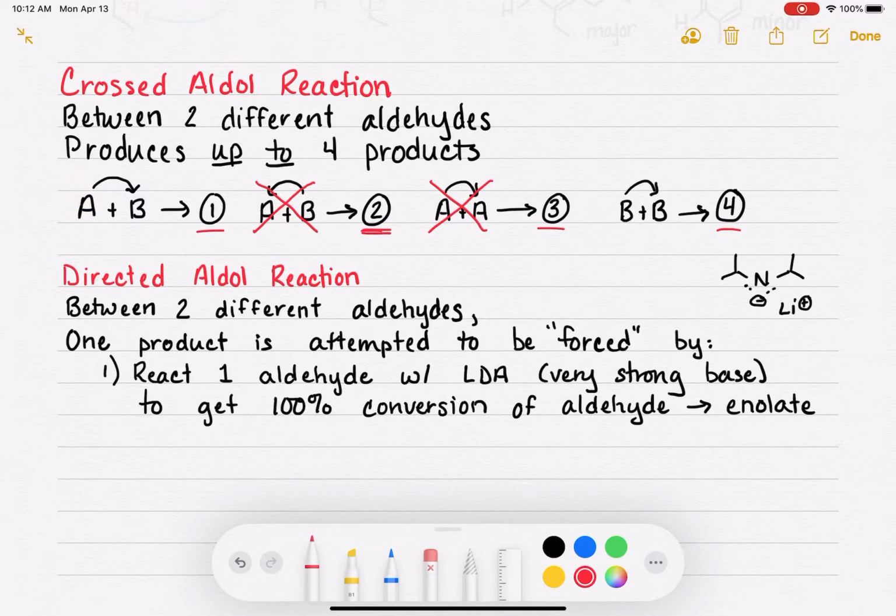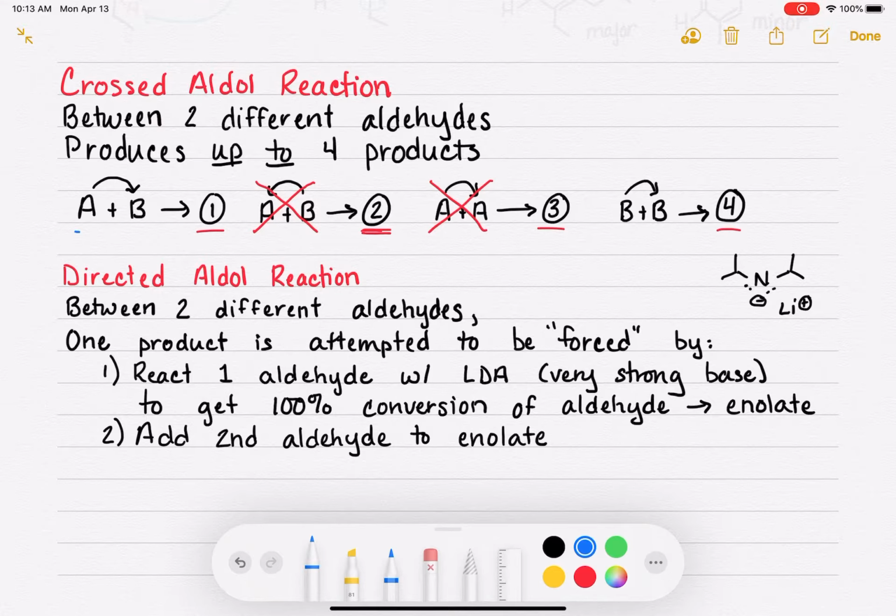So once we get all of our aldehyde A converted to the enolate, then we are going to add the second aldehyde to the enolate. And the hope is that since aldehyde A is in the enolate form, it's ready to roll, it's ready to react.